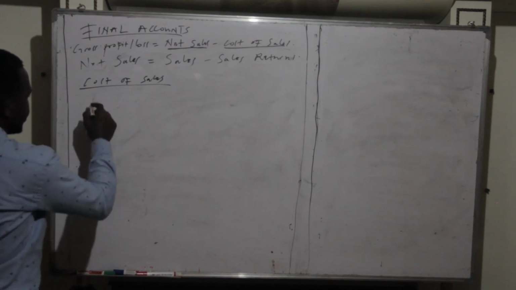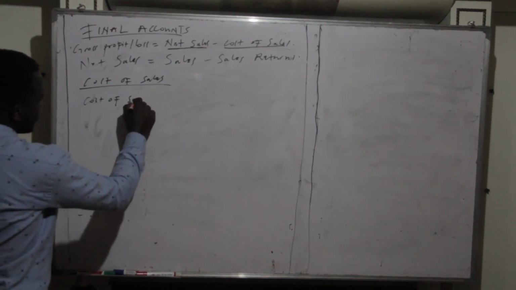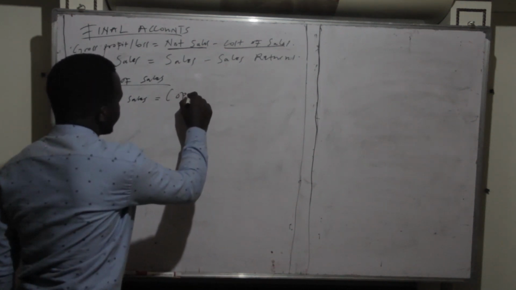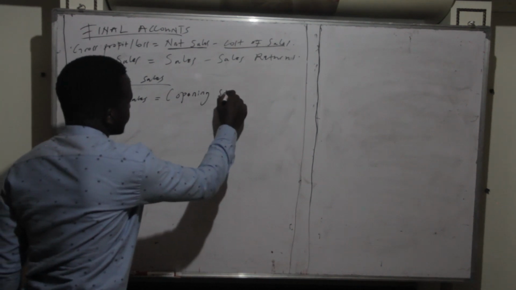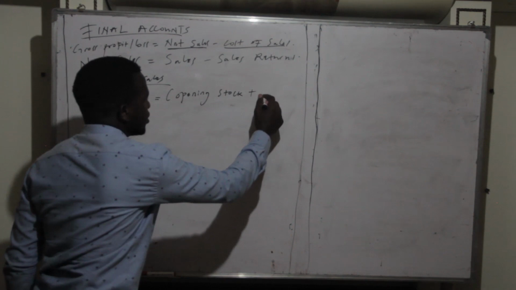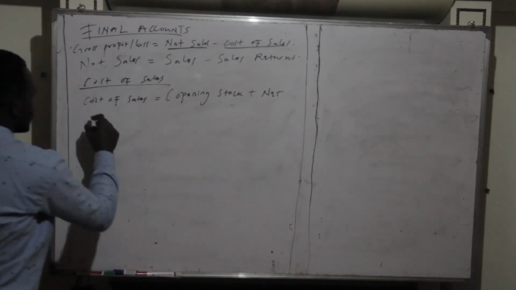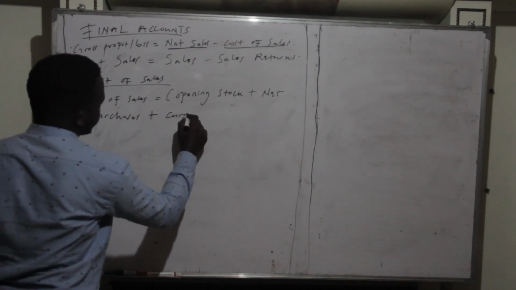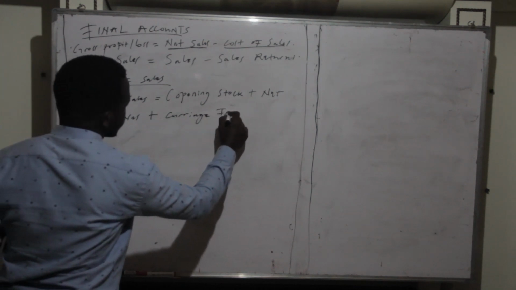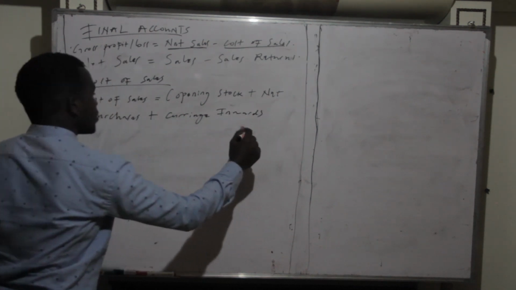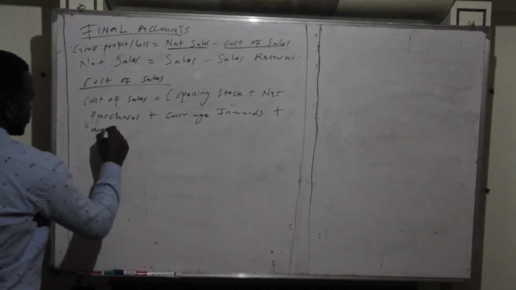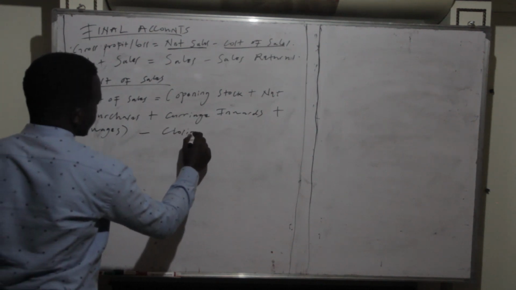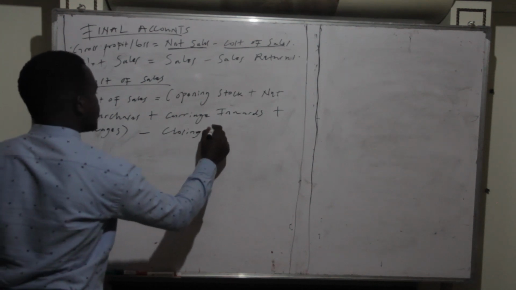So the formula when finding cost of sales is: cost of sales is equal to opening stock plus net purchases, then plus carriage inwards, then plus wages, then minus closing stock.